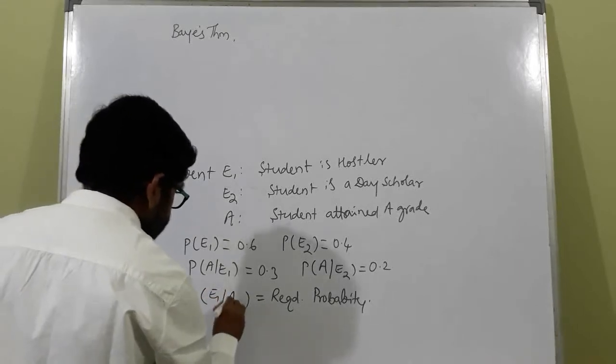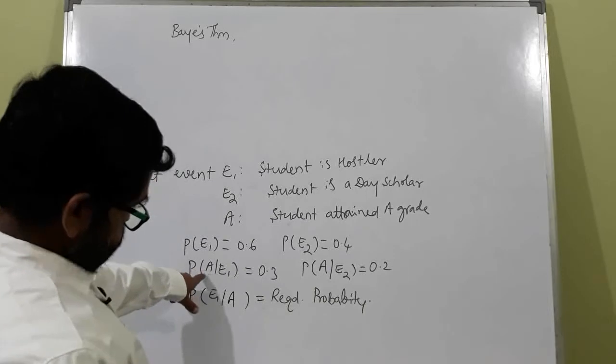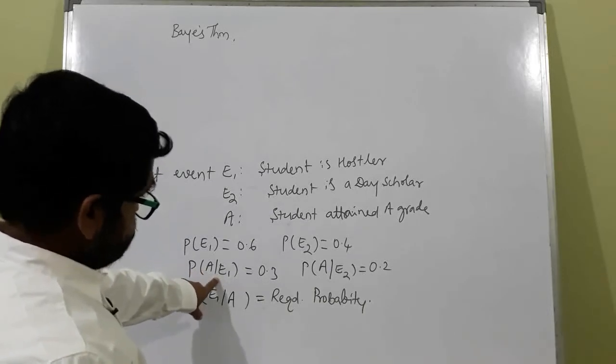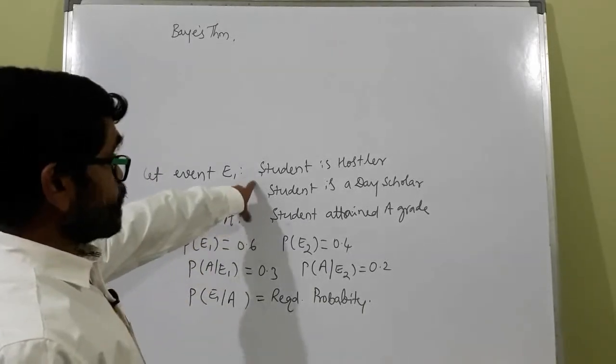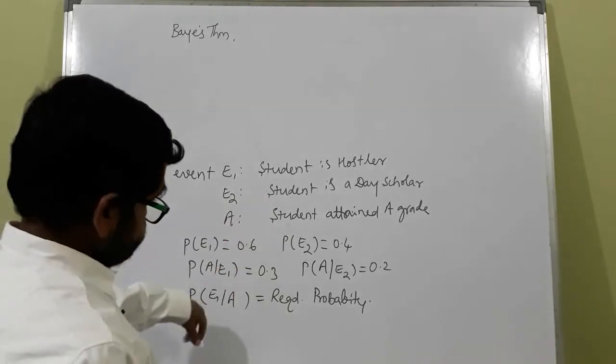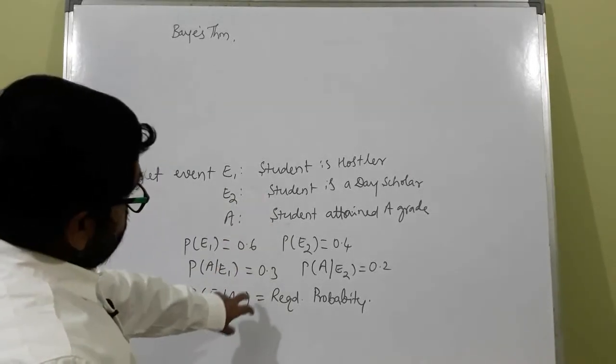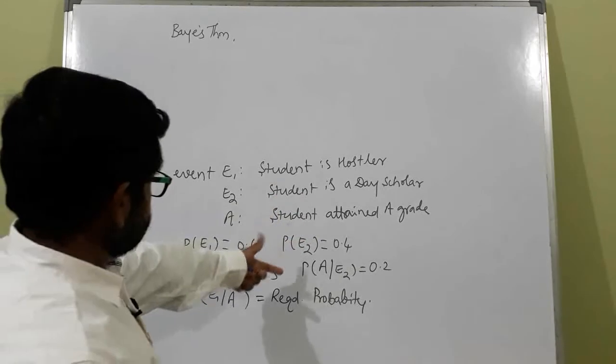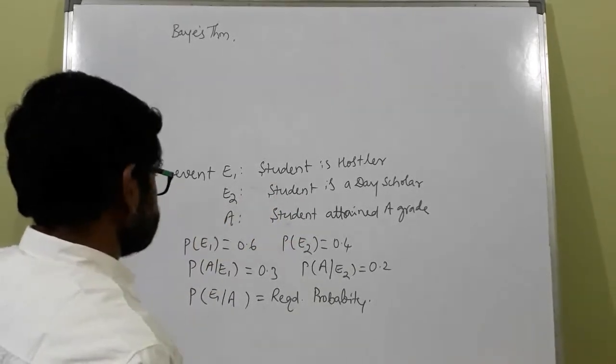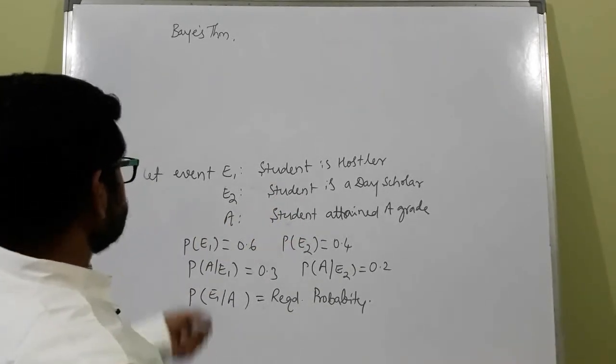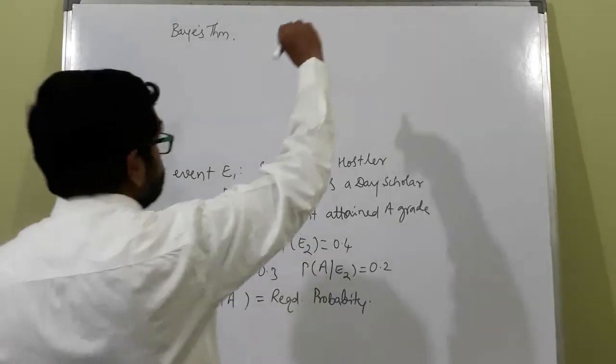So see the difference, okay. A given E1 means E1 is given, student is a hosteler is given. Here the student got the A grade, that information is given. You have to find whether he is a hosteler or day scholar.